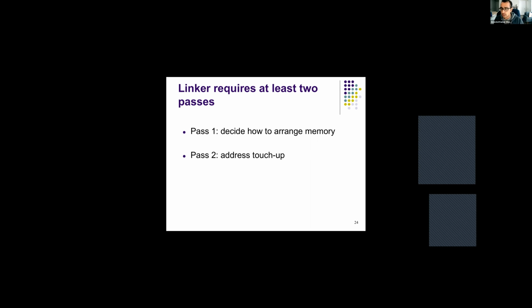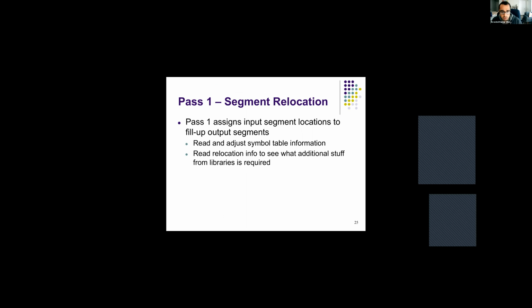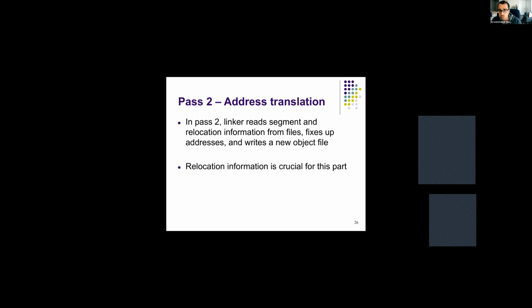Pass two is when it does the things that it figured out in pass one, and it also fixes up the relocation entries that we saw before. So pass one is the processing pass, and pass two is the address translation pass. This is also the pass where the linker actually creates the new executable, or a new object file. By the way, an executable file is also an object file.